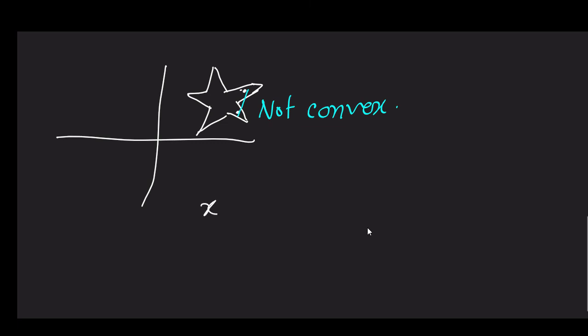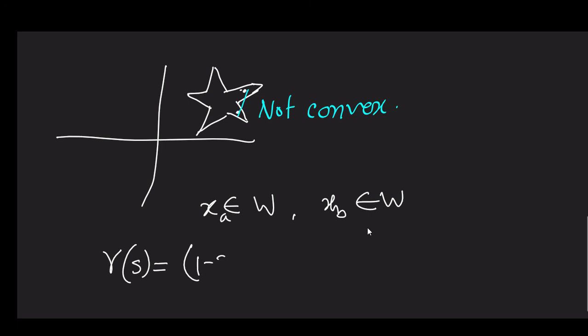How to write it in a mathematically formal way? Say xa belongs to W, xb belongs to W, and you have a line gamma of s equal to (1 minus s) xa plus s xb, for s in the interval 0 to 1.